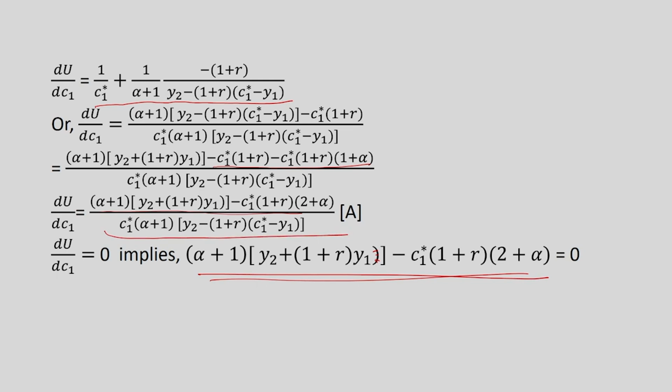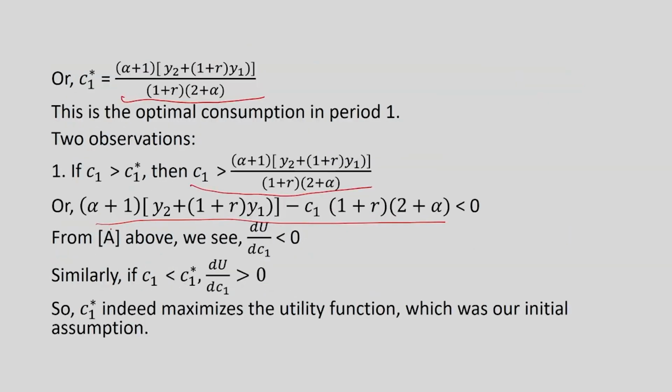And look at the numerator here, and this is negative. So, basically what is happening is that if you cross that C1 star, then the derivative of the utility function with respect to C1 is negative.